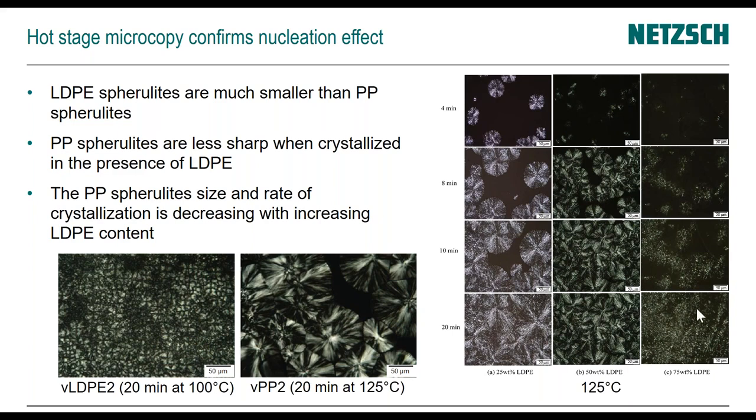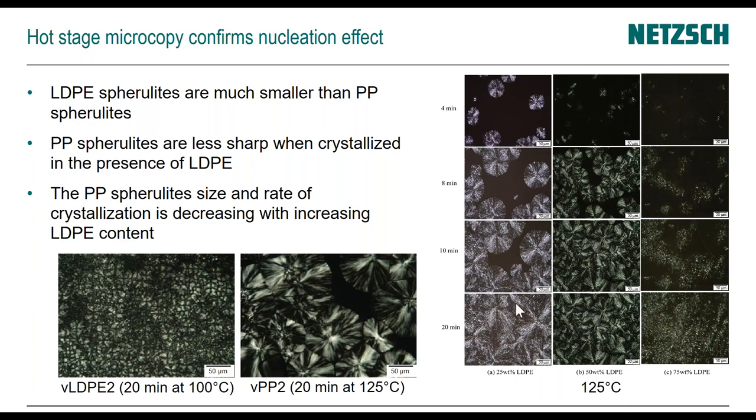The spherulite structure that we get is much finer and not as sharp as we would have it with just the polypropylene. And even with 25% of LDPE, we can already see the spherulites of the PP getting to the size that we would expect, but they're getting more blurry, less defined.